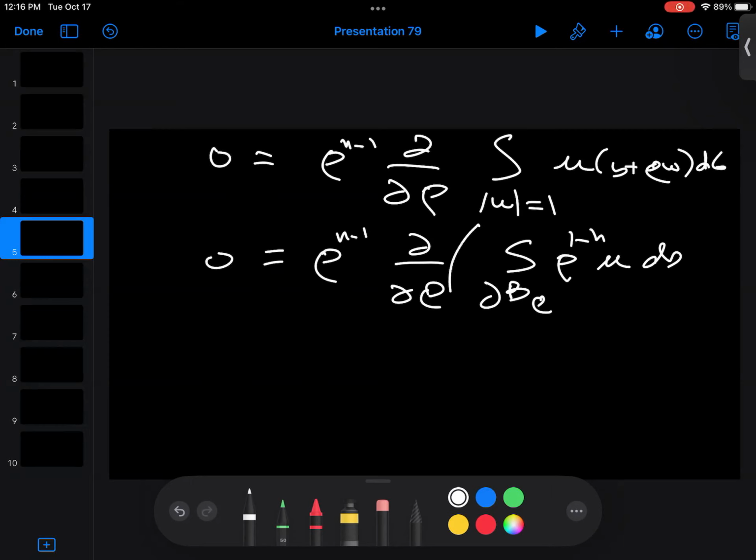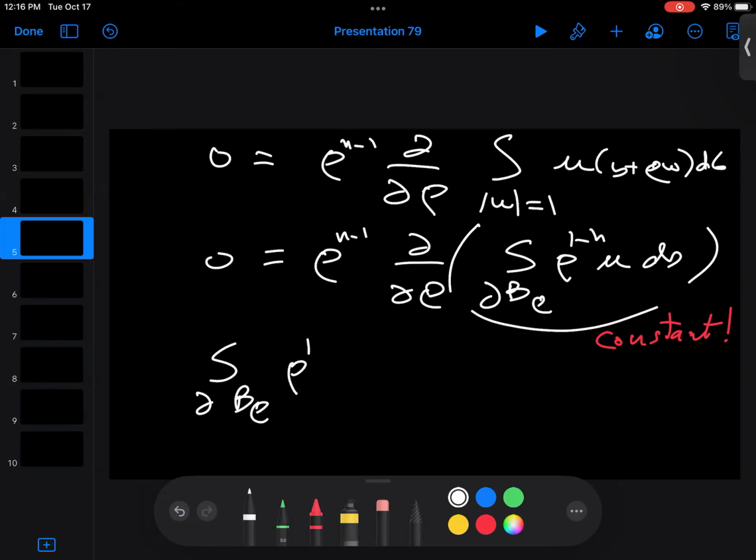So this means that if the derivative of this thing is 0, it means that this is a constant. So if this is a constant, I have that for any rho, it equals the value at r.